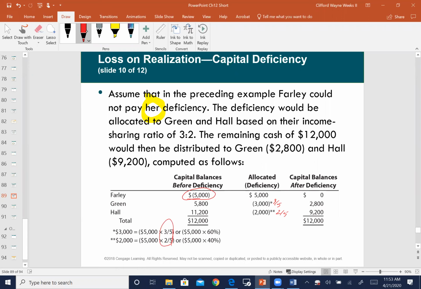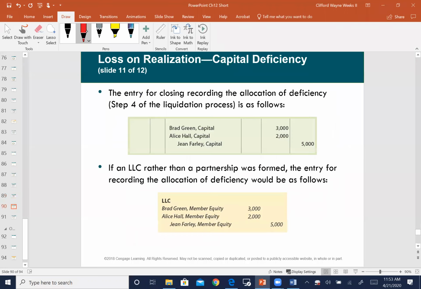That reduces their capital balances from 5,800 to 2,800, and 11,002 to 9,002. So it kind of looks like Hall, even though they had the smaller ratio, made out in this scenario, because it didn't absorb as much of the loss as the other partners did.